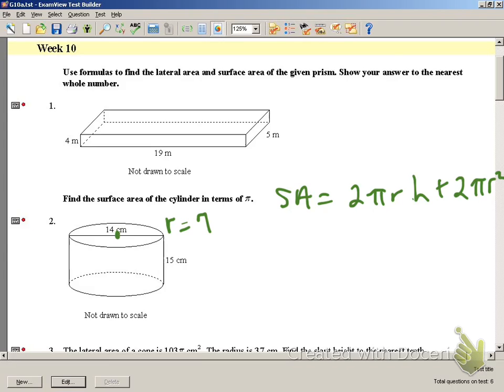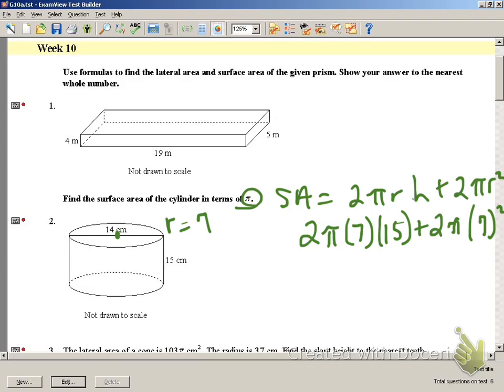So given the radius, we're going to plug it into our formula. 2 times pi 7 times 15 plus 2 pi times 7 squared.